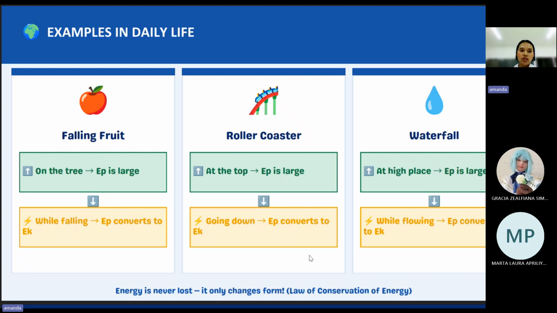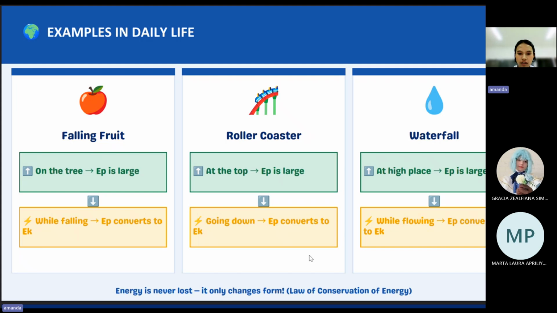The next slide about examples in daily life. Let's connect this back to our trigger question and see how energy transforms in daily life. The falling fruit: while it is still up on the tree, it has energy potential because of its height. As it falls, it loses height but gains speed, meaning its energy potential is actively converting to energy kinetic. Second, the roller coaster at the very top of the track has maximum energy potential.